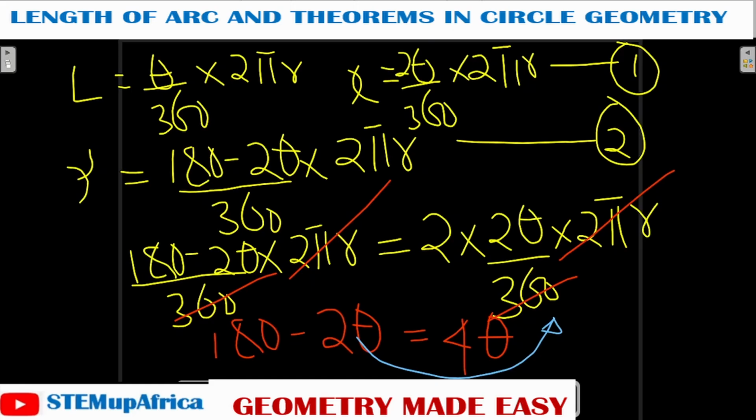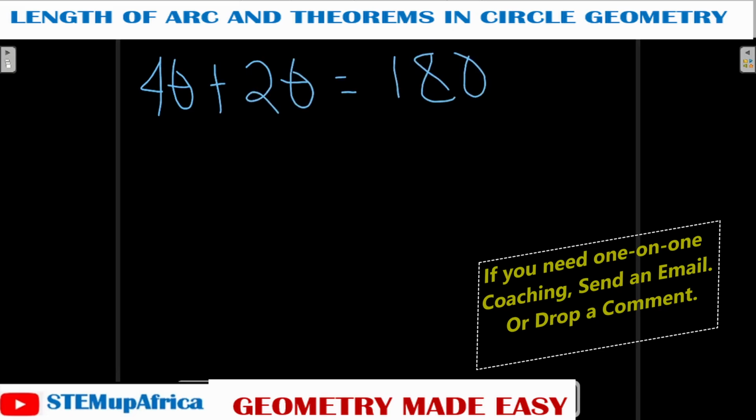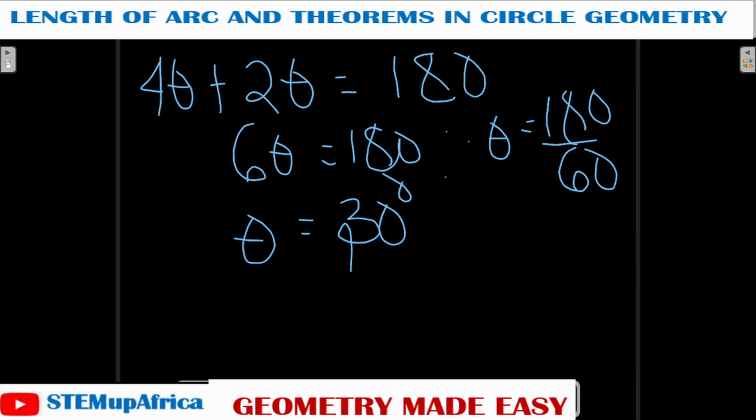So we have 4 theta plus 2 theta equals 180. So I'm having 6 theta equals 180. Therefore theta is 180 divided by 6. Theta will give us 30 degrees.